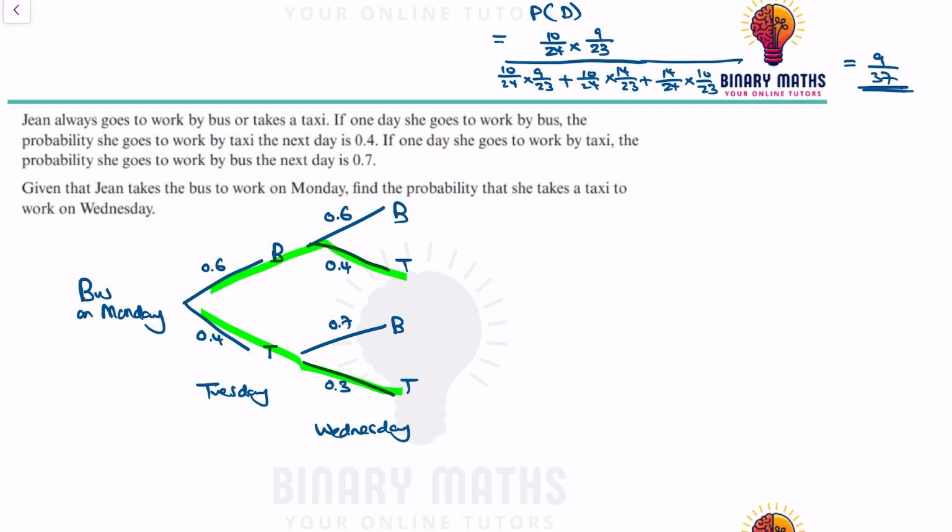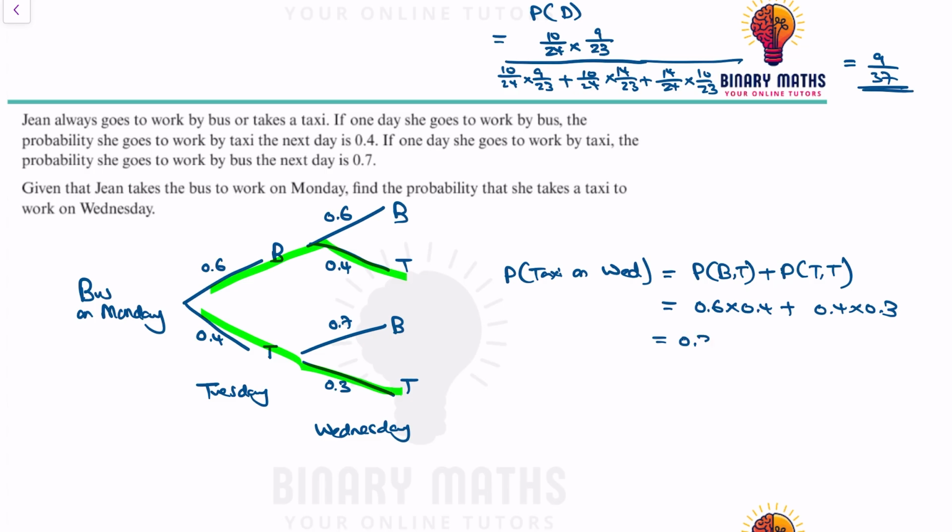So probability taxi on Wednesday is equal to probability of B and then T plus probability T and then T, which is equal to 0.6 times 0.4 plus 0.4 times 0.3, which means we end up with a value of 0.36.